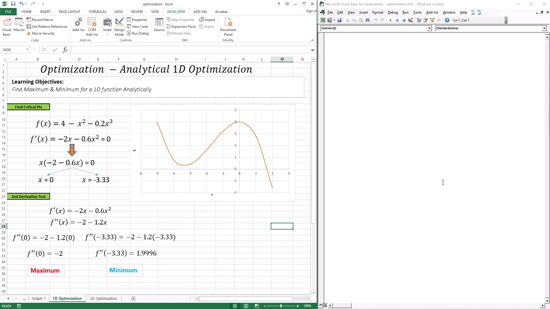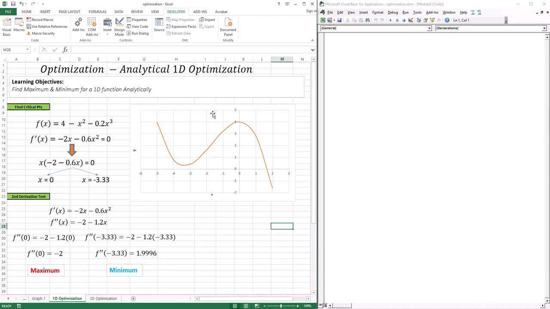We also went through how to graph a 2D function in Excel by creating a grid of numbers. In this lesson, I can actually go through how to analytically solve a 1D function and how to analytically solve a 2D function. In the previous lesson, we just dealt with it conceptually. Right now, we're going to actually be doing this quantitatively.